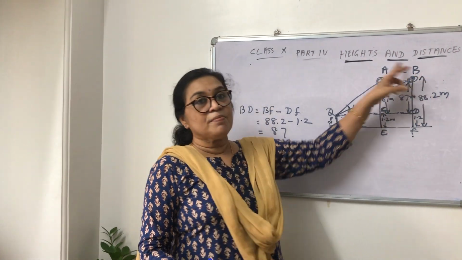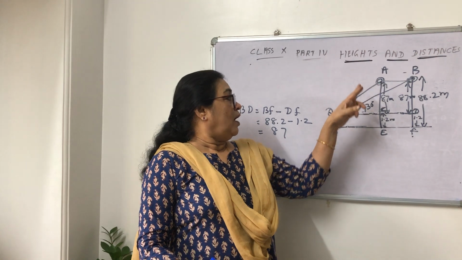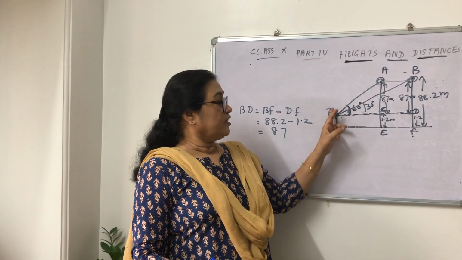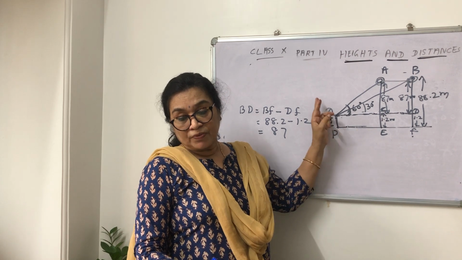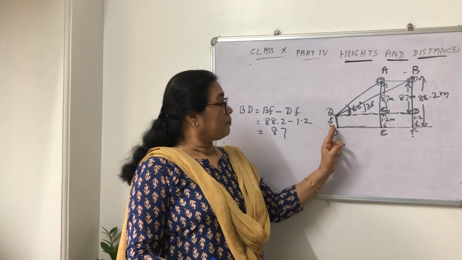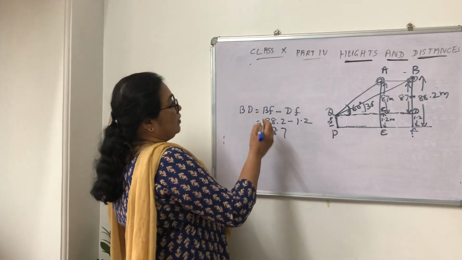A is the first position of the balloon and B is the second position of the balloon, and PQ is the girl.